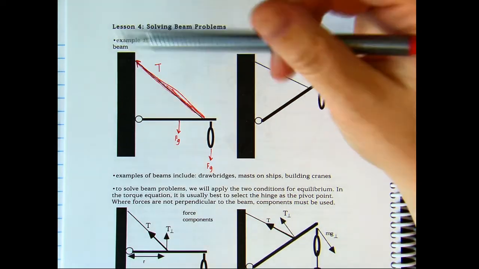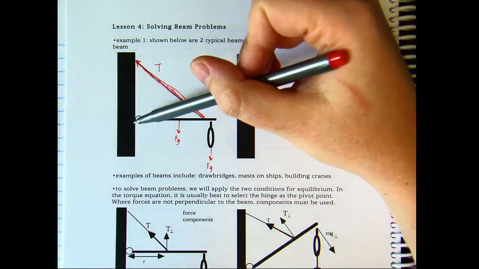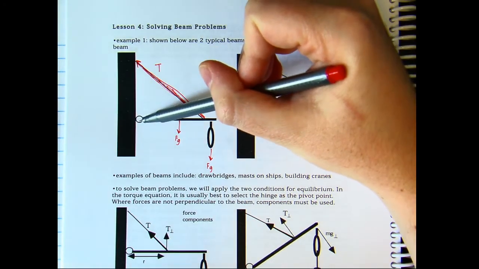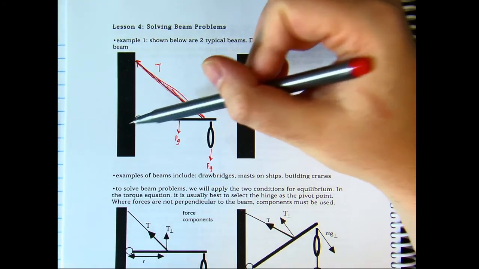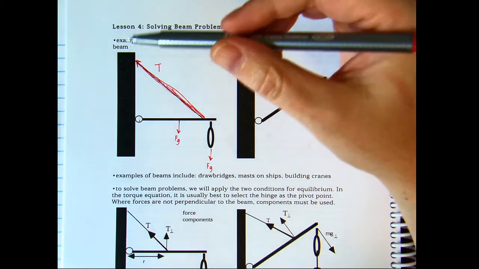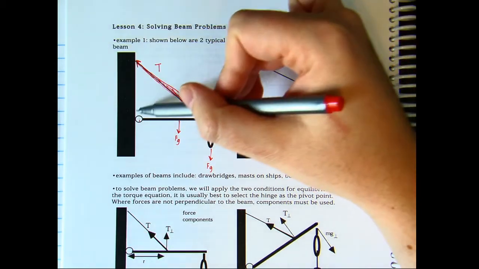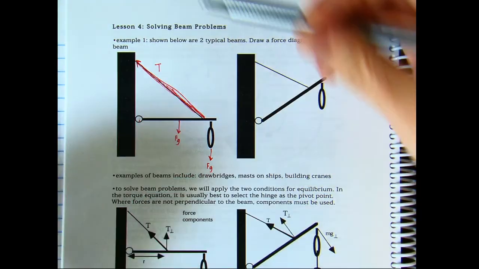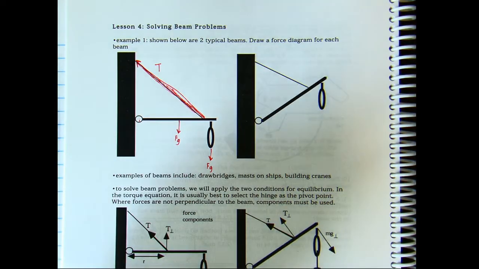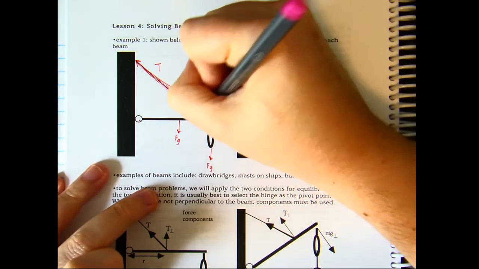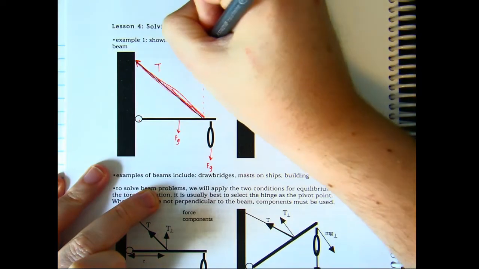Now the question is, though, what is happening here? There's a hinge here. And now the question is, what's the purpose of that hinge? First of all, if we look at this tension, this wouldn't be part of the free body diagram, but just to help you out a little bit, I'm going to draw in the components of tension.